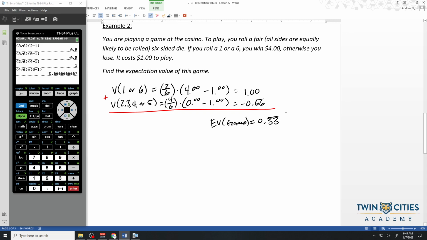Or in other words, on average, I can expect to win about 33 cents per play. So if this game were available somewhere that I was and I had an unlimited number of tries to play this game, I would play this because according to this, the player has an advantage. The player has an edge over the casino.